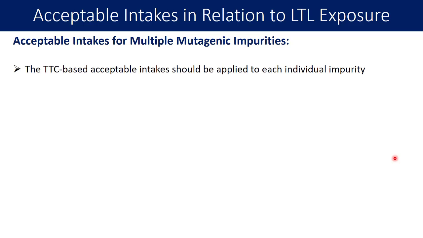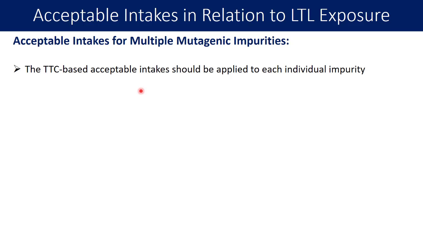The first point: the TTC based acceptable intakes should be applied to each individual impurity. That means you have to only consider the TTC based acceptable intake. For example, in case of class 2 and class 3, 1.5 microgram per day is going to be the acceptable intake.